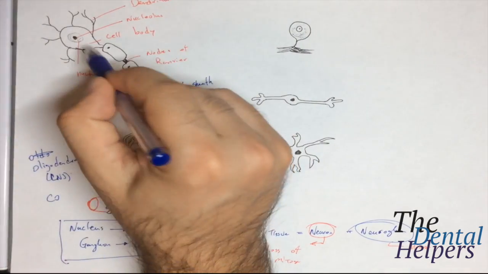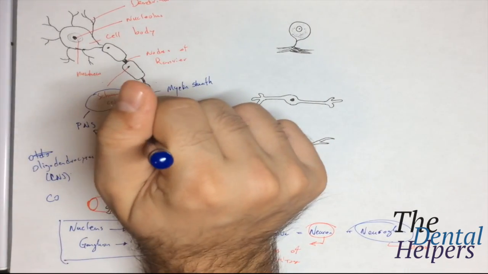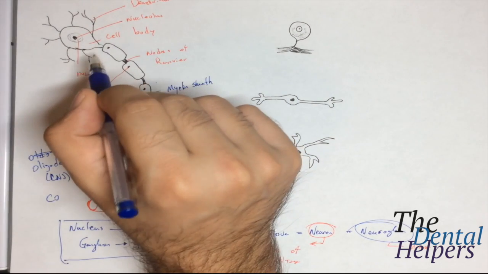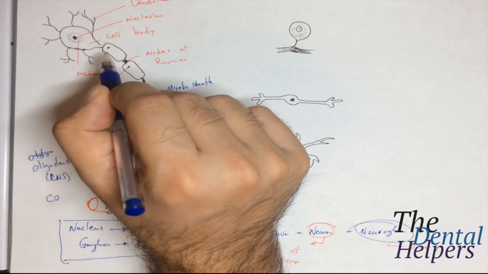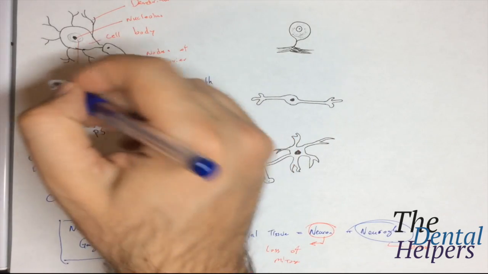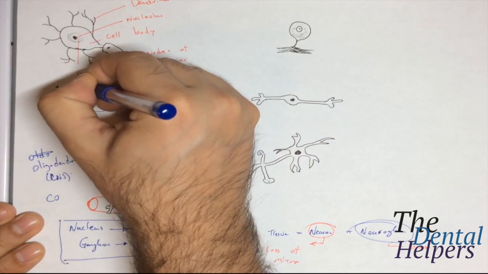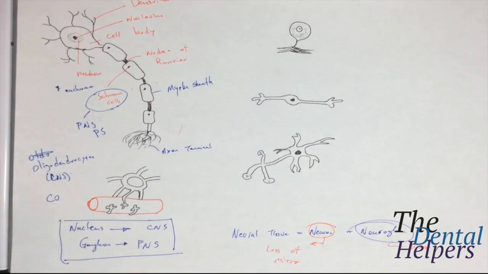And so let's look back at our neuron right here. The nucleus is going to be large, spherical, and it's centrally located. It's going to have a high amount of euchromatin, and it's large and prominent. It's going to have a larger and prominent nucleolus.